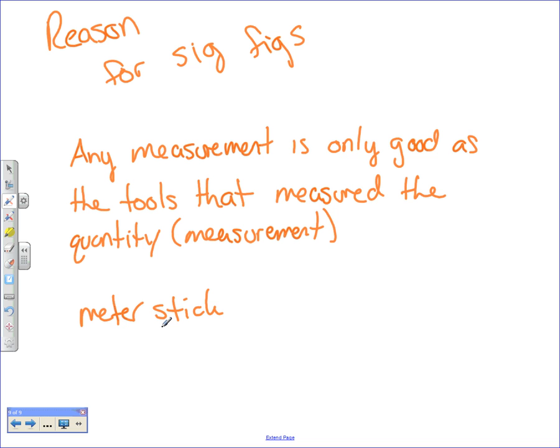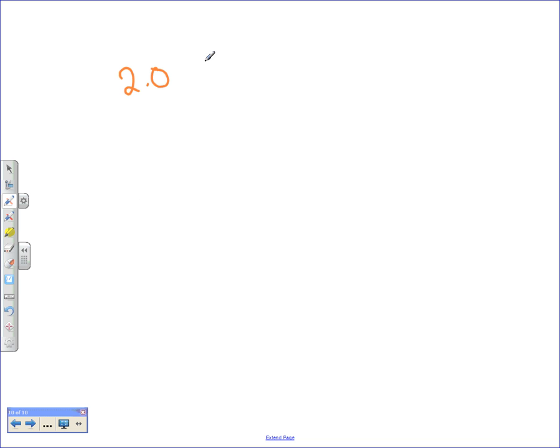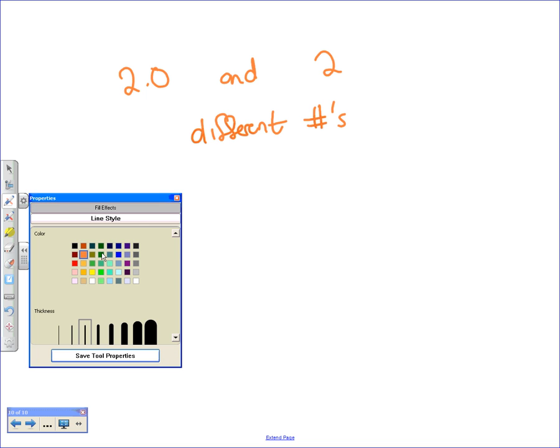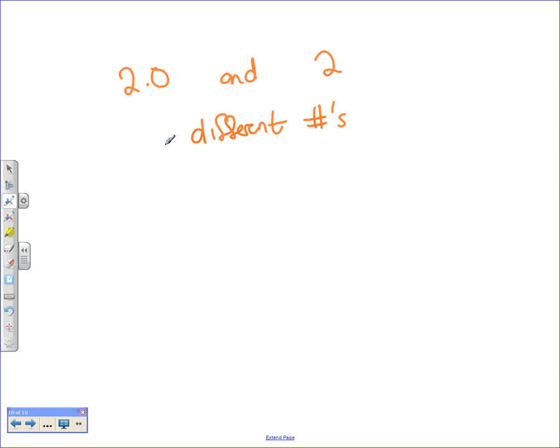Okay, significant figures tell us something about the measurements that are present. For instance, 2.0 and 2 are different numbers. Sometimes my students have a hard time with this. 2.0 tells us something entirely different about what measured it than 2 does. 2.0 says that whatever measured that measurement is good to the tenths place.